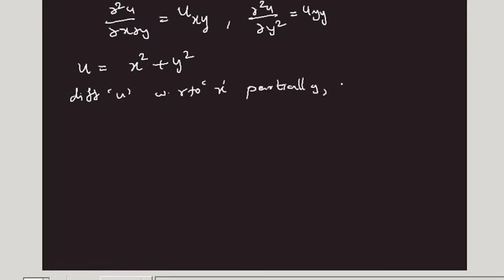Here y is constant. So I am writing u x, differentiation of u with respect to x partially. Differentiating x square gives 2x. While differentiating y square with respect to x, y is constant, so the differentiation becomes 0.